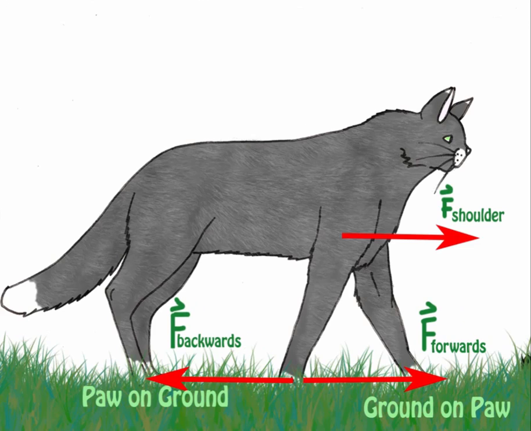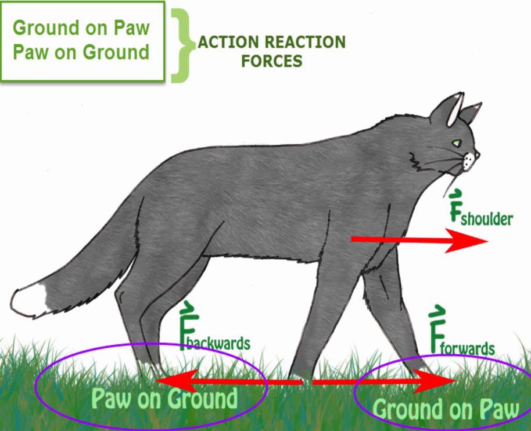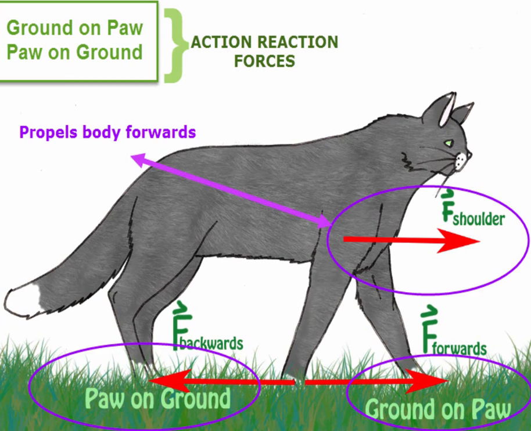So this is an action-reaction pair, but it's actually the force in the cat's shoulder muscles that propels her forwards. This is because F, ground on paw, is equal in magnitude to the propelling force of the cat's shoulder muscles. So it's actually the internal muscle forces that propel the cat forwards and allow her to walk.